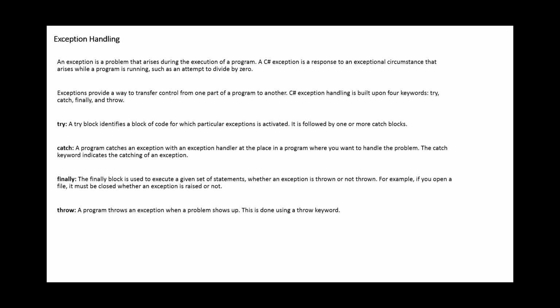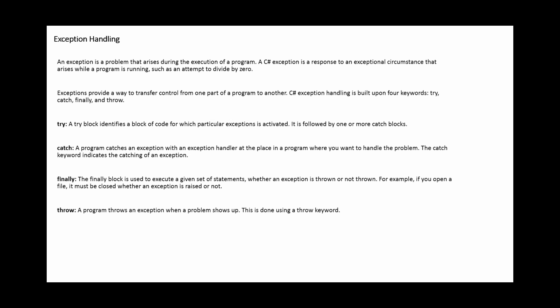Value 1 is 20, value 2 is 0, and if you try to divide 20 by 0, it will throw an exception because you cannot divide anything by 0, right? So that is an exception. At that time your program will quit, and you are no longer able to run your program.